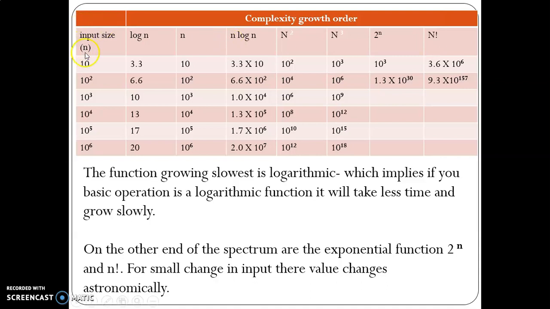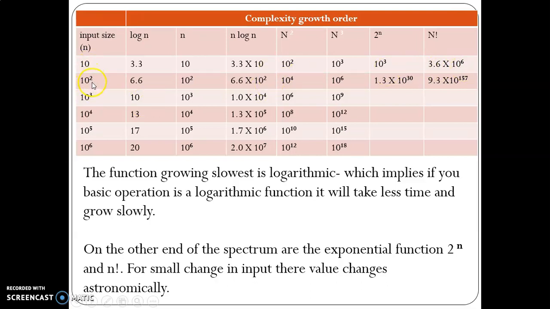Now, for an input size of 10, log n will take 3.3 units of time, n will take 10 units of time, n log n will take 3 into 10 units of time, n square will take 10 square, then n cube will take 10 cube, 2 raised to power n will take equivalent to 10 cube, and n factorial will take 3.6 into 10 raised to power 6 operations.